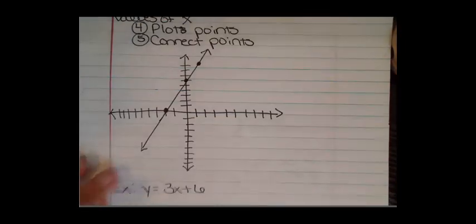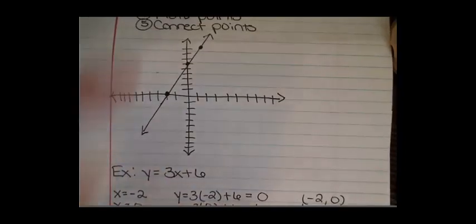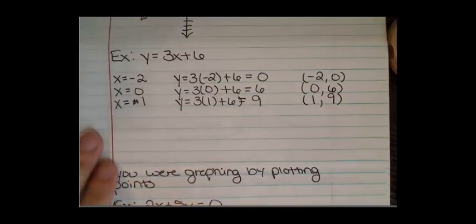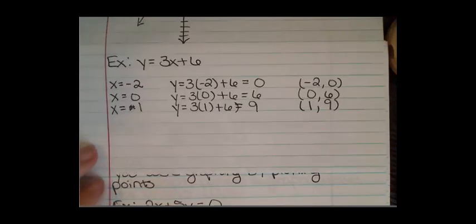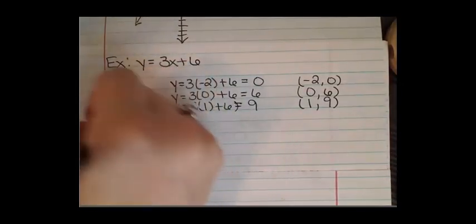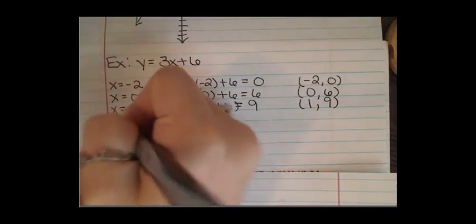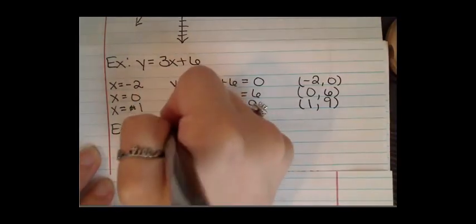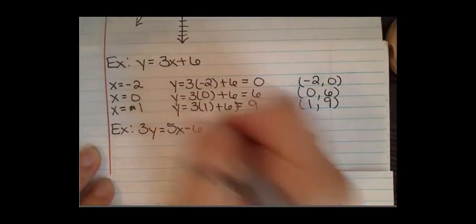We can do one more. I'm going to graph it on the same graph just because it saves some paper in my case. So let's do 3y equals 5x minus 6.